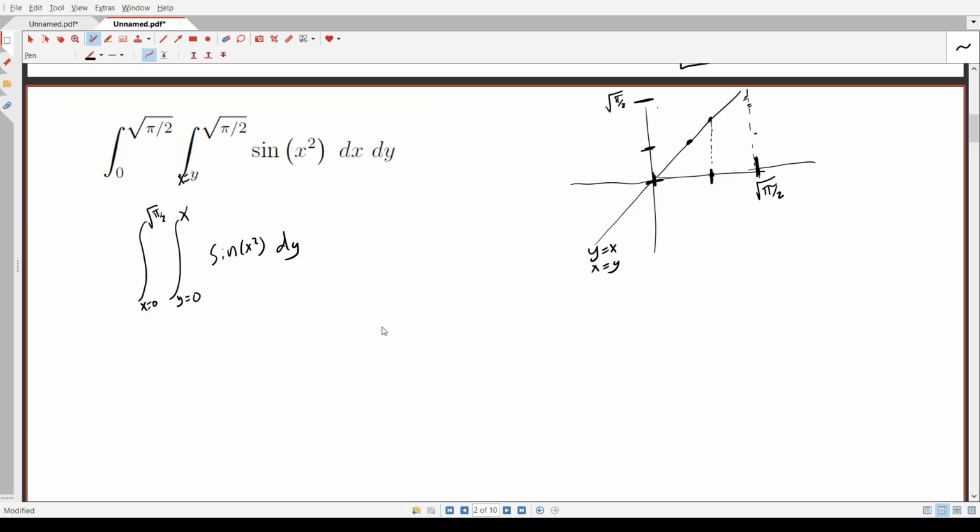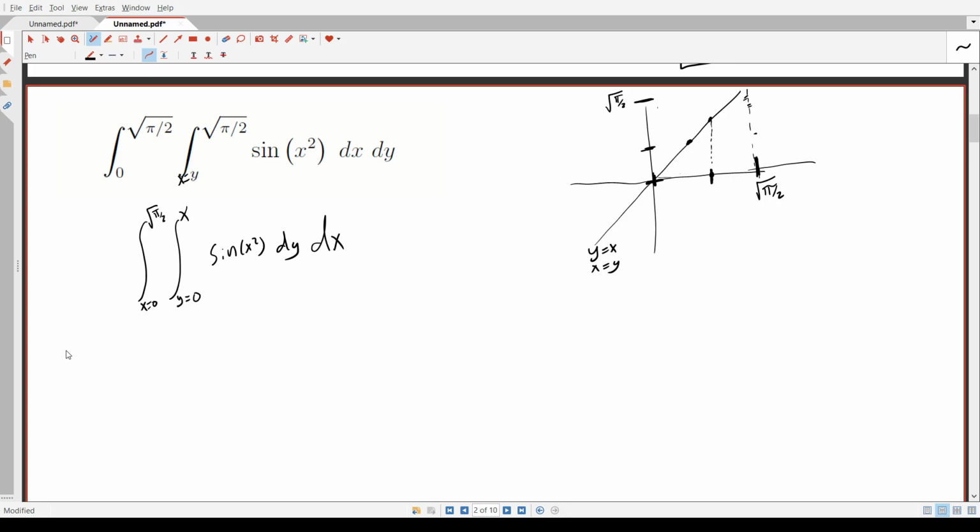Now I can actually integrate these. Before, I had no clue how to integrate sine of x squared with respect to x. But if I integrate this now, I can integrate with respect to y because this is just a constant.